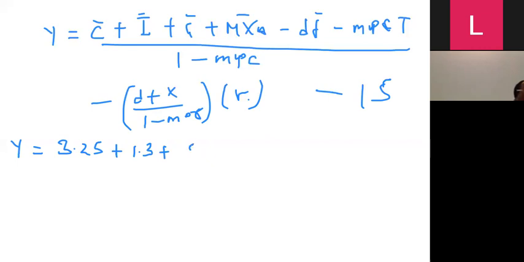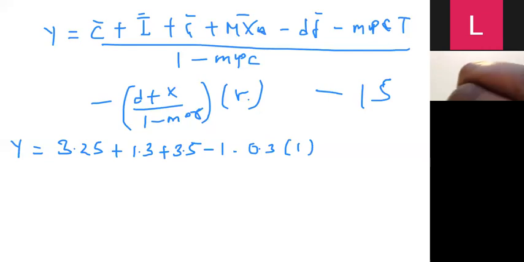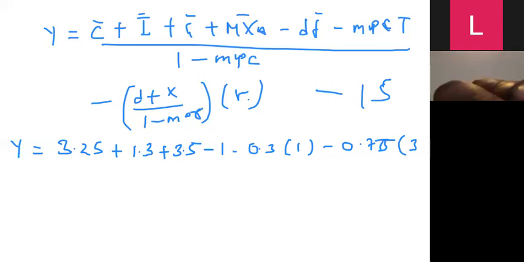What is my net export? Minus 1. And what is my D? Minus 0.3. And F is 1. Minus MPC, which is 0.75. And what is my T? My T is 3, all over 1 minus 0.75.